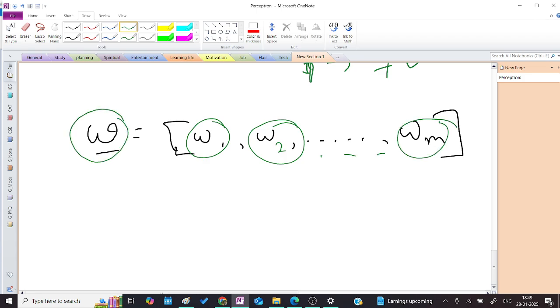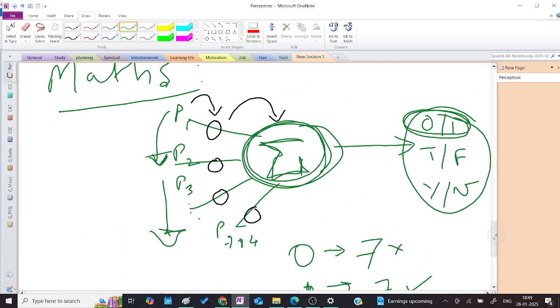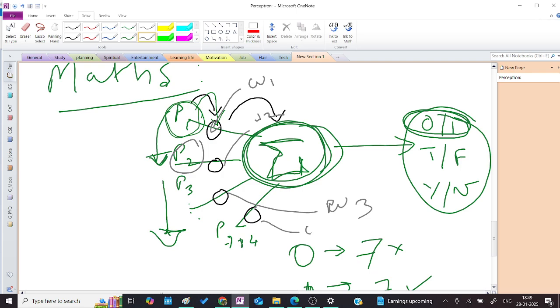So it is a vector of n dimension. For our perceptron, this pixel 1 intensity will be multiplied with this weight w1, pixel 2 will be multiplied with w2, pixel 3 with w3, and similarly pixel 784 will be multiplied by w784.